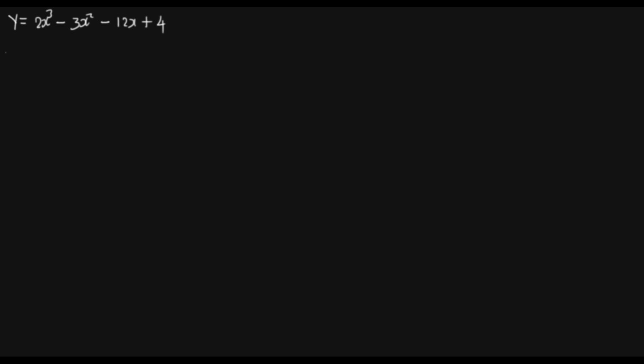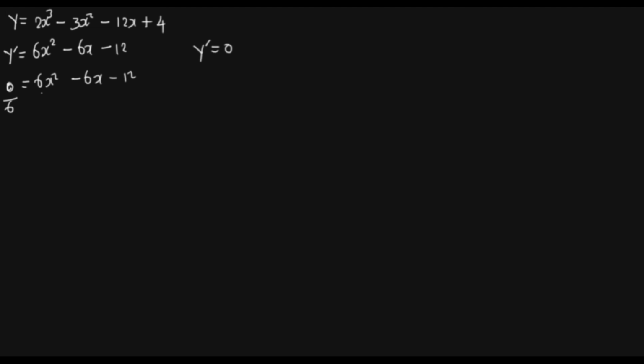So let's find y prime is equal to, here we are going to have 6x to the power 2 minus 6x minus 12. The derivative of 4 is 0. So here we said the first derivative is equal to 0. We equate here to 0. So 0 is equal to 6x squared minus 6x minus 12.